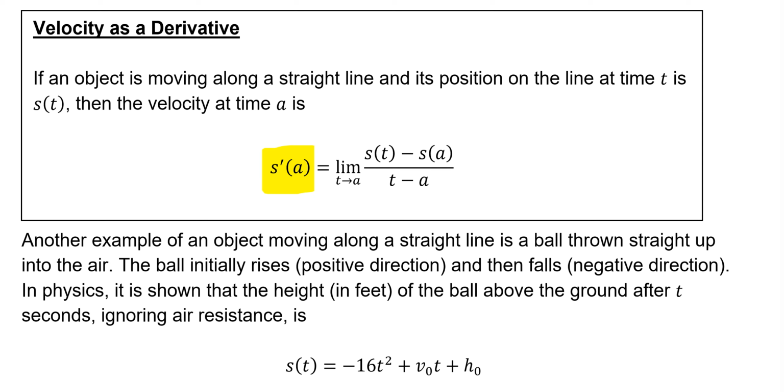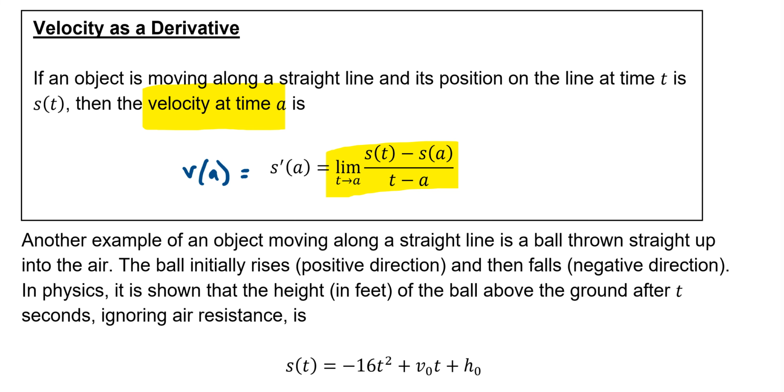the velocity of a particle or an object at time a, you can think of it as v of a, the velocity at time equals a, is the derivative s prime of a, which using that first definition from today, is the limit as t approaches a of s of t minus s of a over t minus a.